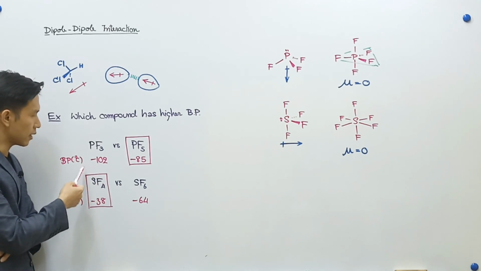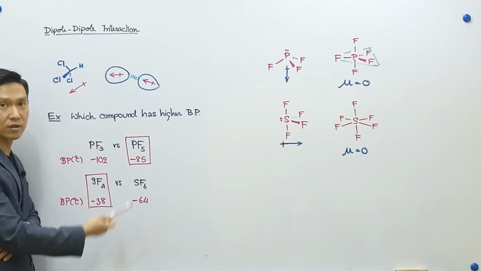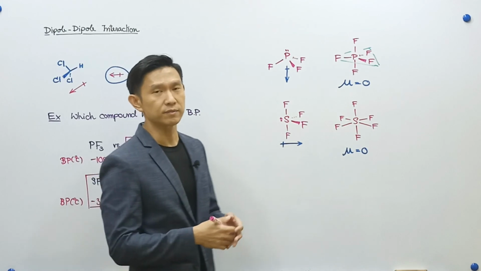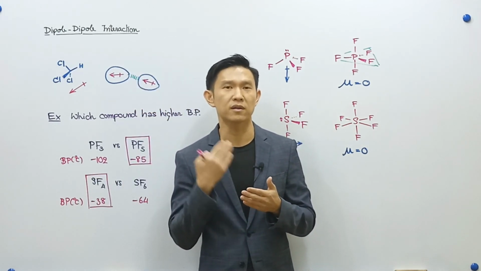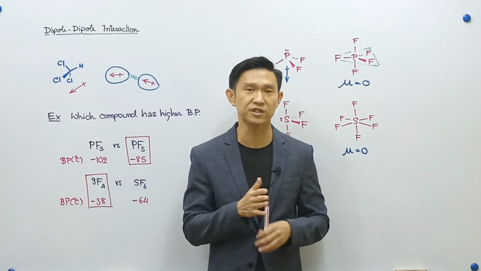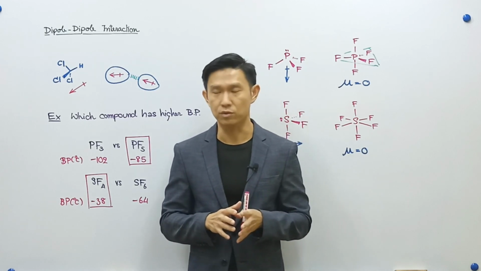That means the dipole-dipole interaction is more important than the London force. So as you can see, sometimes when we have more than one factor and they are not going well together, they fight against each other. So sometimes we cannot predict the result, right?